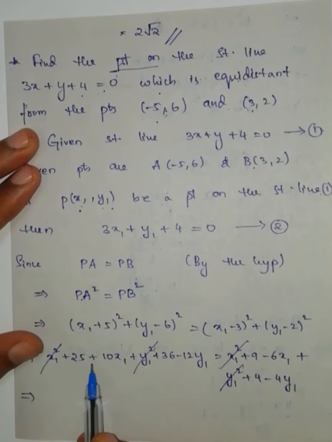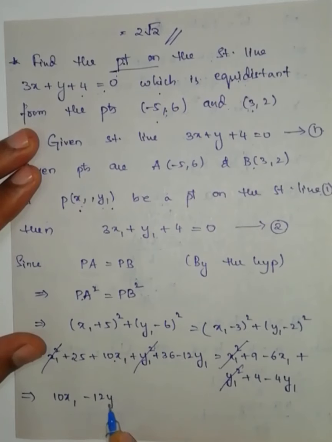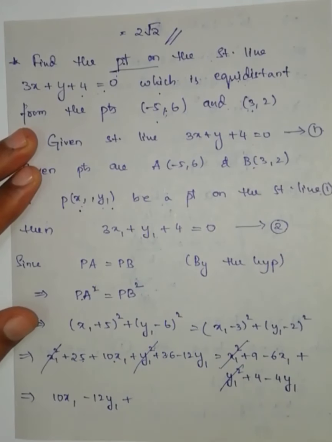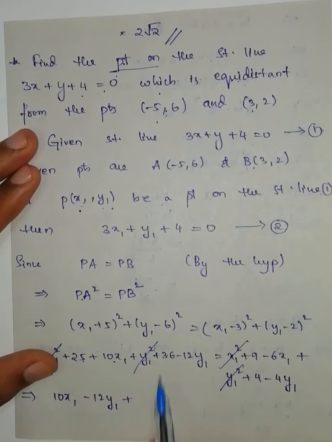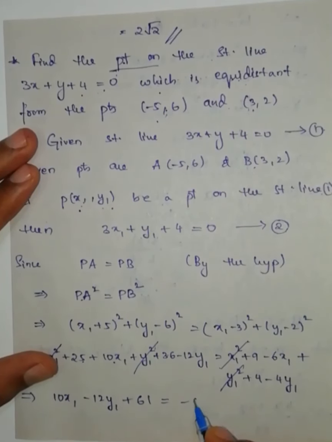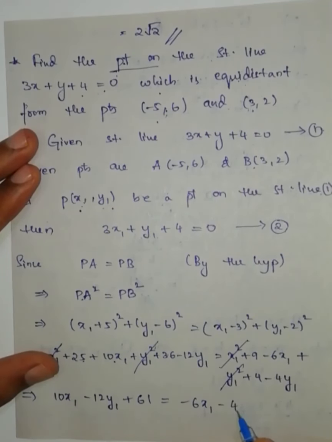So what you will get here, 10x1 minus 12y1 plus 25 plus 36. 25 plus 36 is 61, which is equal to minus 6x1 minus 4y1 plus 9 plus 4.